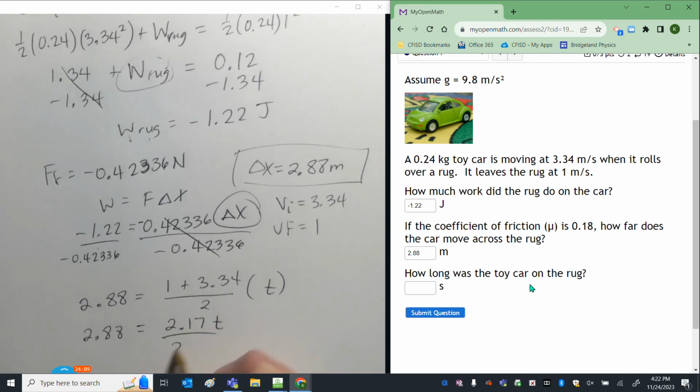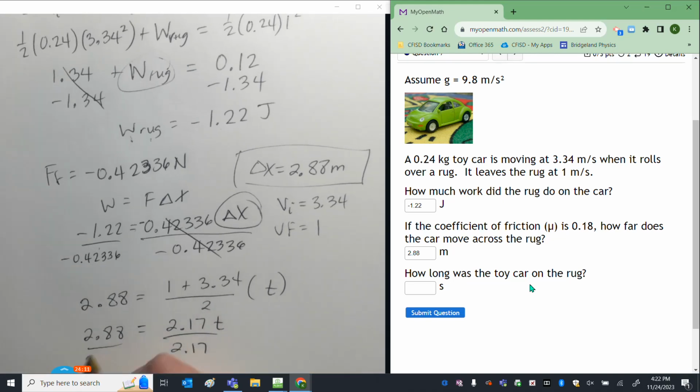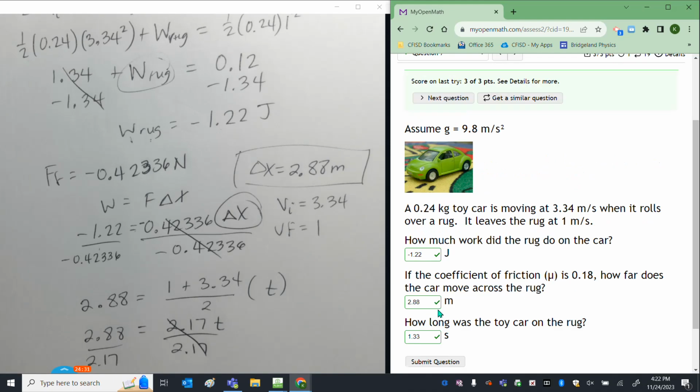Divide both sides by 2.17. And we get a time. And again, I'm using the unrounded values on my calculator. So my time is 1.33 seconds.